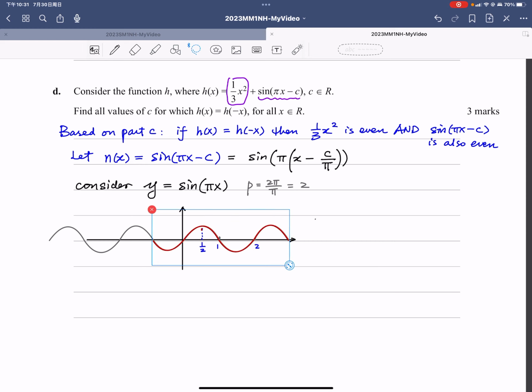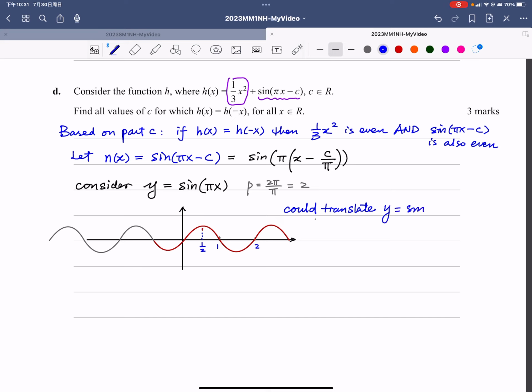So I could translate y equals sine pi x by half unit left or right. So I could argue that c over pi equals half or minus half.